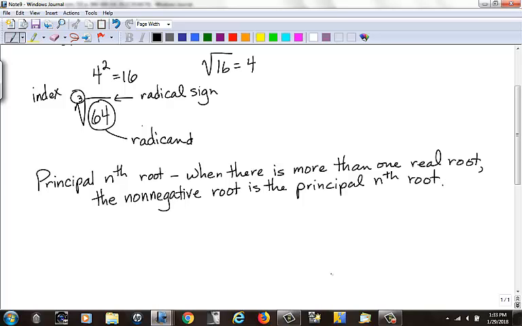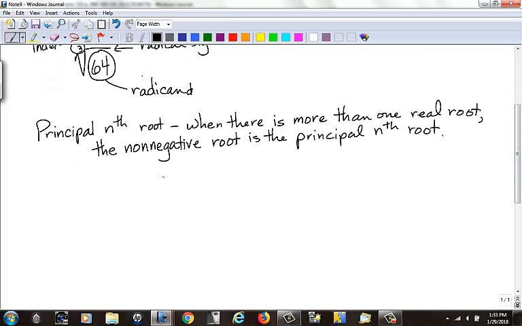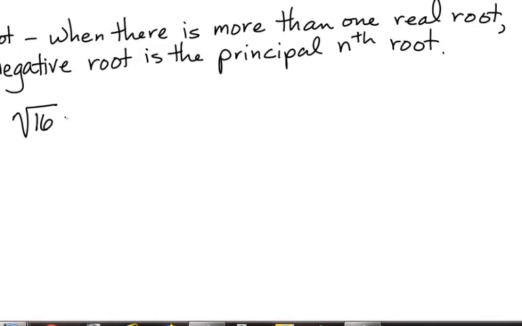A lot of times, depending on your math book and author, if I just said square root of 16, they will consider that to be 4. If I said plus or minus radical 16, with that symbol in front, then they'll say plus or minus 4. They consider both.